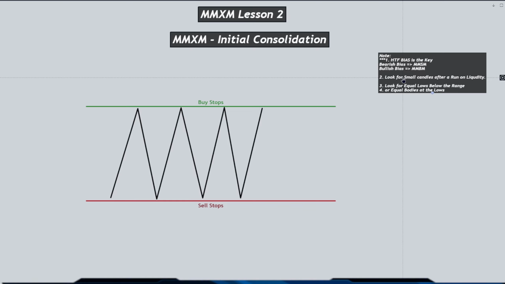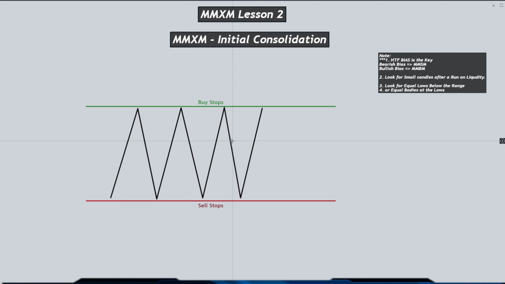As I said earlier, look for small candles after a run on liquidity. The market will take some liquidity from the previous level, and after that it will start to consolidate. So how does that work? Based on the first video, think this way: the market has expanded lower, taken some liquidity, and then done the consolidation or accumulation phase.